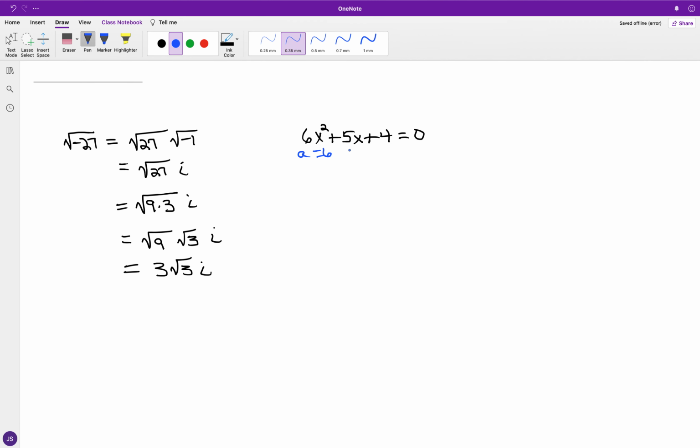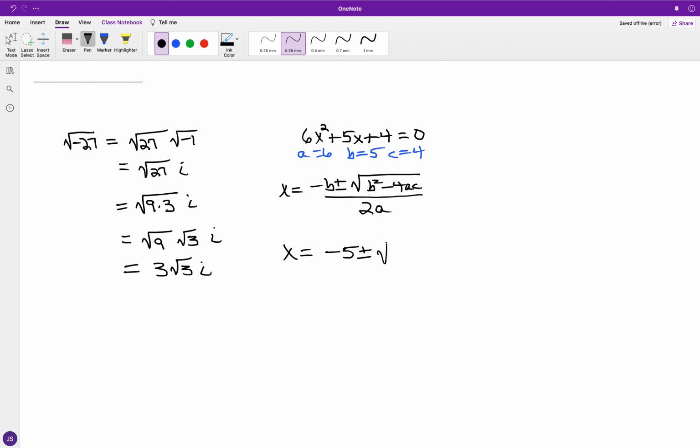So a is equal to 6, b is equal to 5, and c is equal to 4. Using the quadratic formula, x equals negative b plus or minus the square root of b squared minus 4ac, all over 2a, and negative b we have as negative 5.